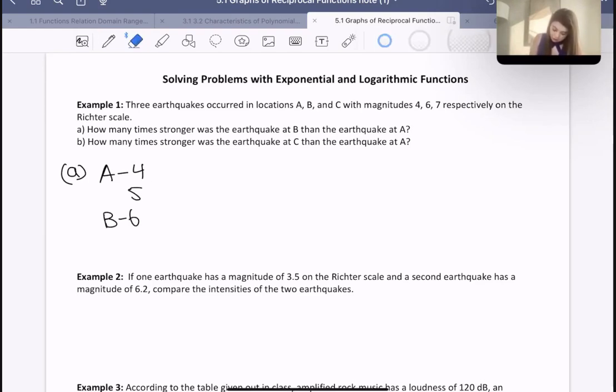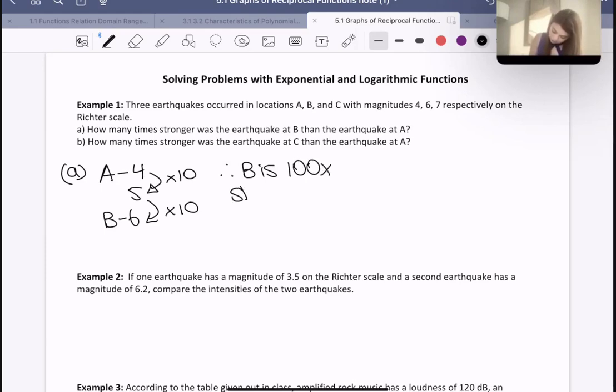And we're going to go up 1, which is really times 10, because anything on the Richter scale going up by 1 is really times 10. And then times 10 again, which is 10 squared or 100. So therefore, B is 100 times stronger than A.